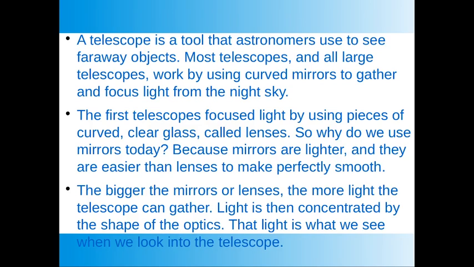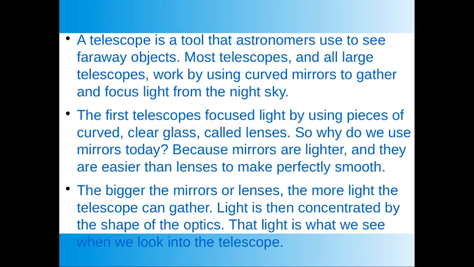Then why do we use mirrors today? Because mirrors are lighter and easier than lenses to make perfectly smooth. The bigger the mirrors or lenses, the more light the telescope can gather. For example, take a bucket that can be filled with water.